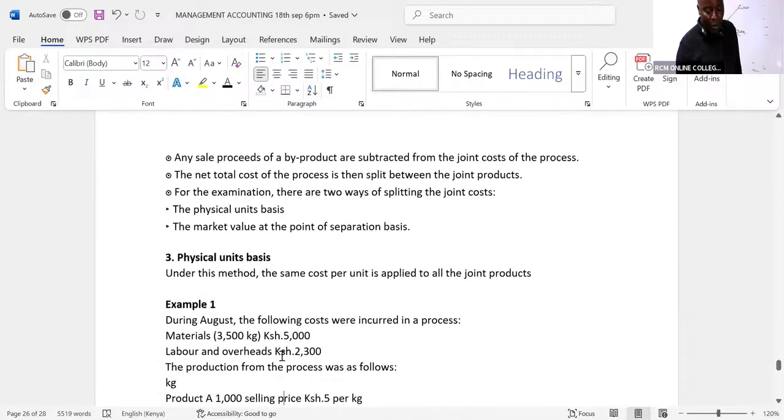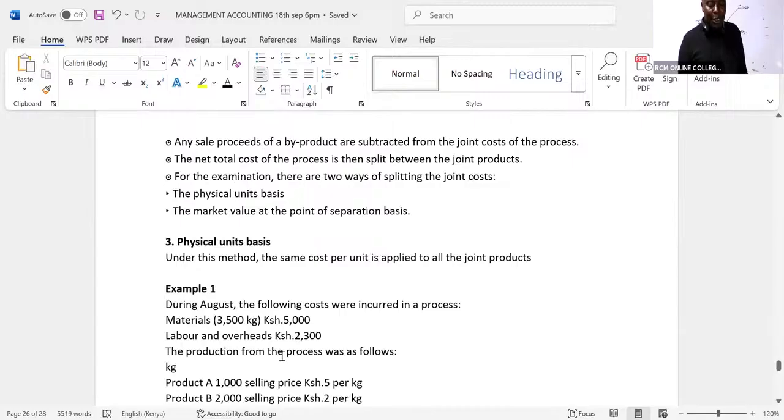Under this method, the same cost per unit is applied to all the joint products. And I have an example one there. During August, the following costs were incurred in a process. We have materials, 3,500 kilograms, 5,000. Labor and overheads, 2,300.